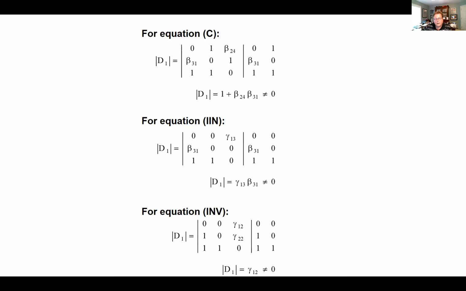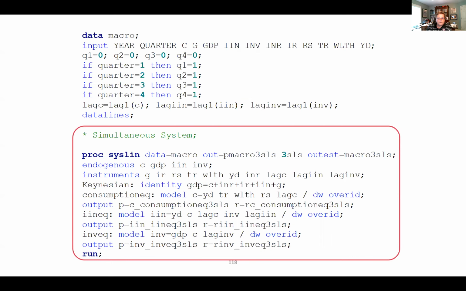So I provided the data. You can go ahead and verify this, but again, what I'm planning to do, similar to what we had before, is to use proc syslin. And once again, we need to specify the 4 endogenous variables, yes, even the identity involving GDP, and the list of all predetermined variables in the model.